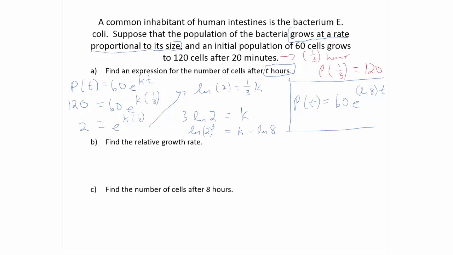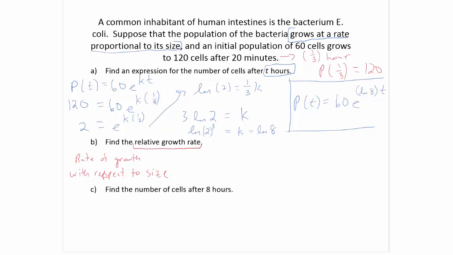Find the relative growth rate. Now you may not have seen this terminology before. The relative growth rate is the rate of growth with respect to the population, to the size.